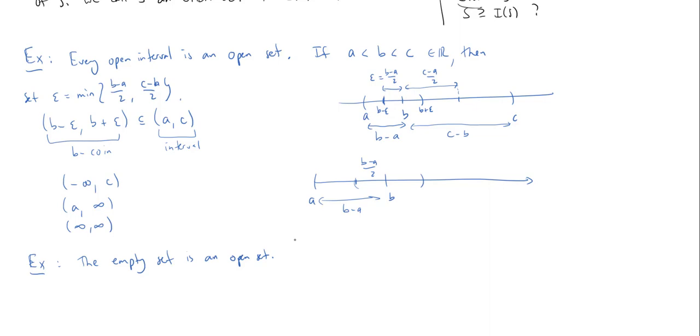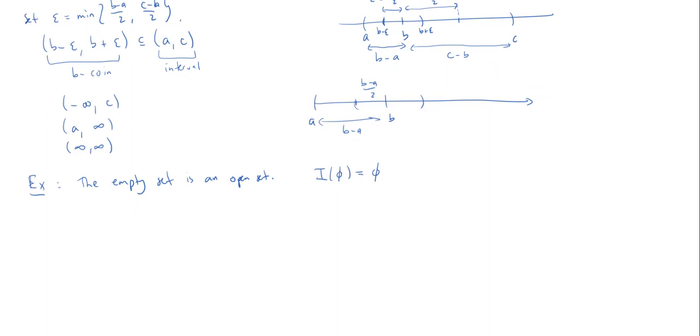If I ask what are the interior points of the empty set, well, there aren't any. There are no points such that there is a coin that is completely contained in the empty set. So there are no interior points to check, but that's exactly the point. It's one of these vacuously true statements.